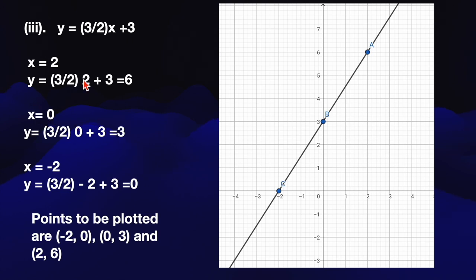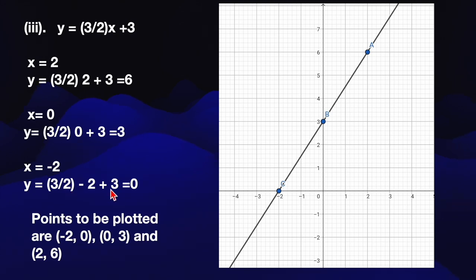Now let's put x is equal to 0. So this whole fraction becomes 0, and you're left with y is equal to 3. So this is x is equal to 0 and y is equal to 3. This is the second point. And x is equal to minus 2, we are going to put here. When you multiply this with minus 2, this will get cancelled and this will become minus 3.